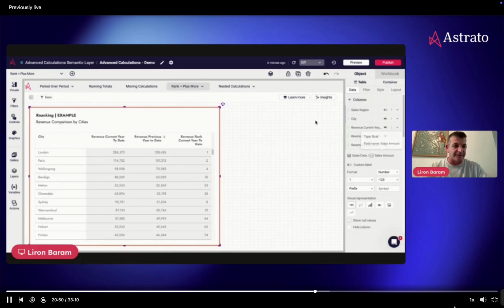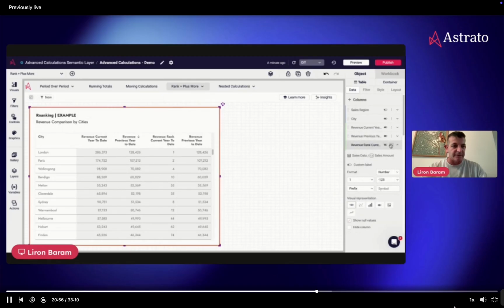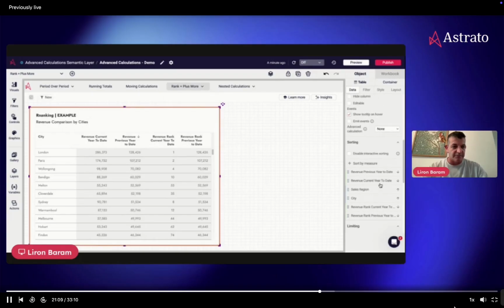Now let's add another one, which will be the previous year to date ranking. For previous year to date, we will do the same.